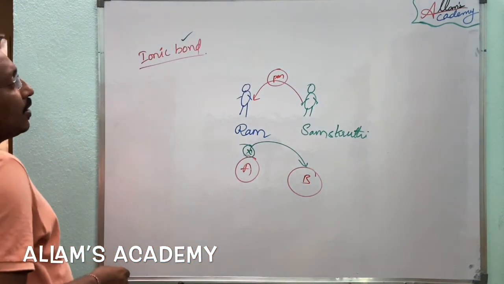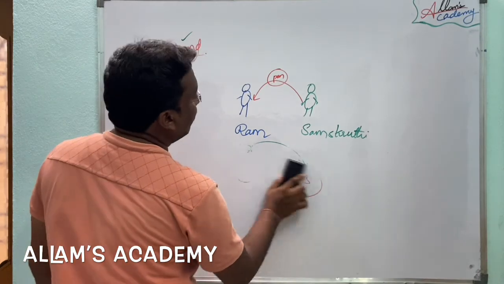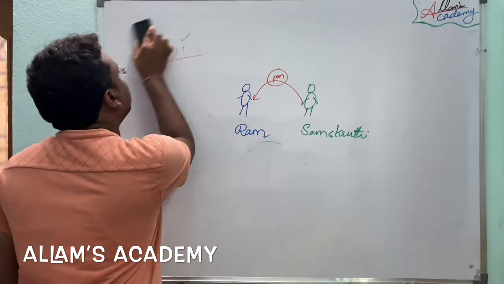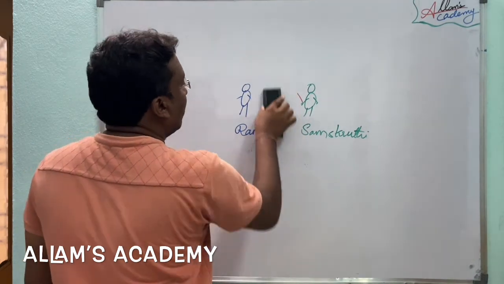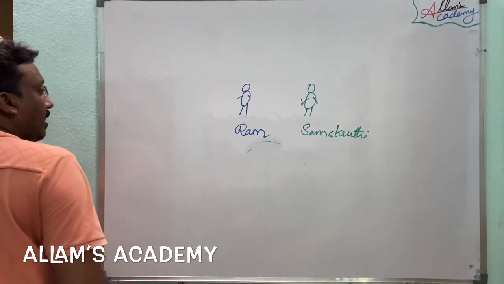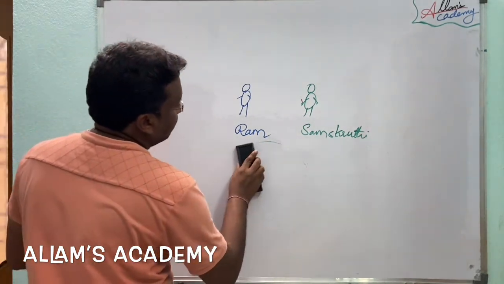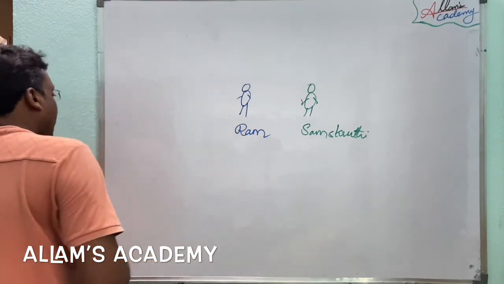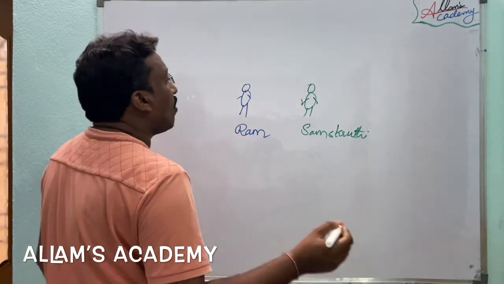Likewise, here we are going to discuss one more kind of bond formation. Here Ram and Samskruti both are writing an exam, right? Both require a pen, but they have only one pen.